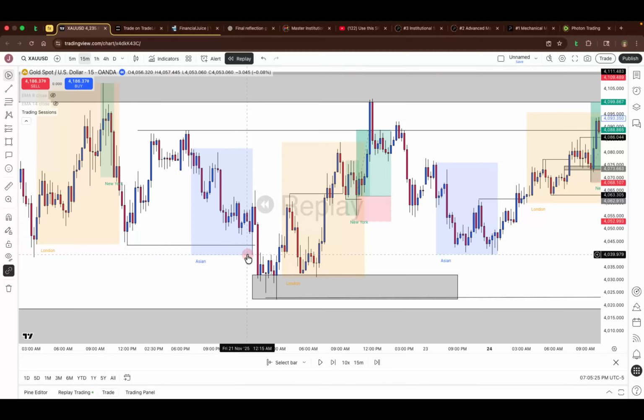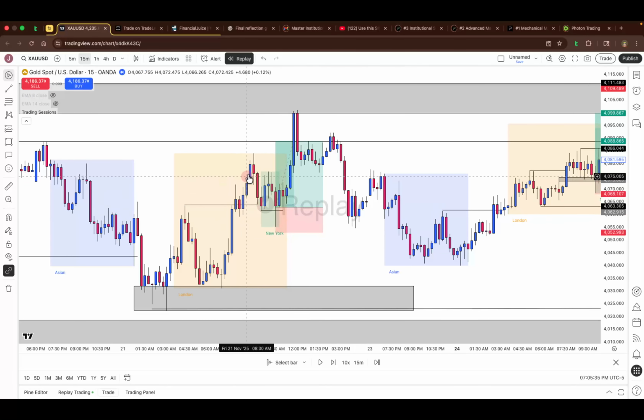We see a zone built here. Price pushes up, comes down, pushes up, break of structure, internal break of structure. What are we now? We are bullish, looking for buys. See price come up, come down, pull back a little bit.